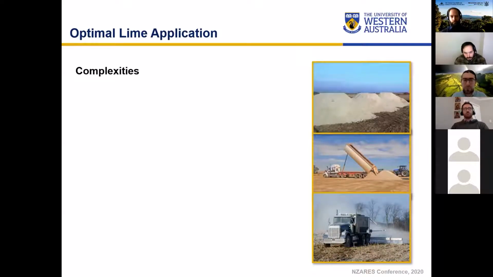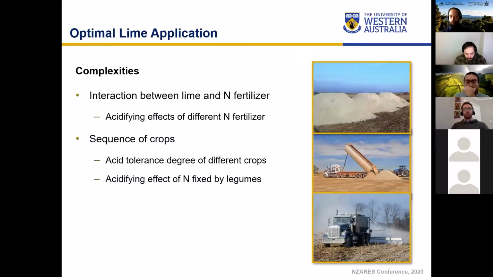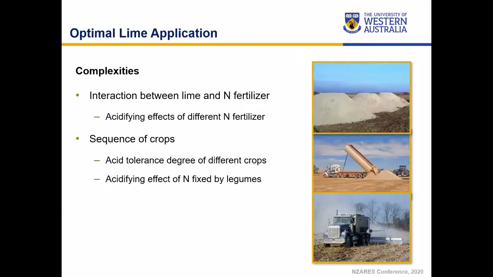To find out optimal lime application rates, there are many complexities. For example, the interaction between lime and nitrogen fertilizers. As you know, different fertilizers have different acidification effects. And also the crop rotations: different crops have different acid tolerance degrees, and they react to nitrogen or lime differently.